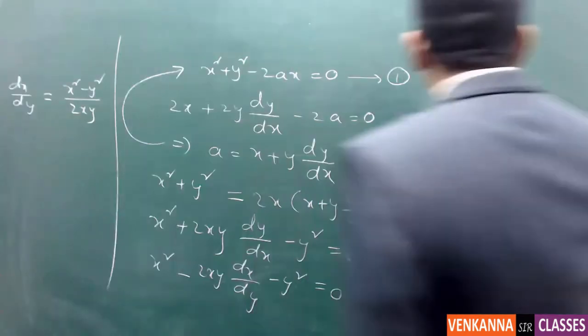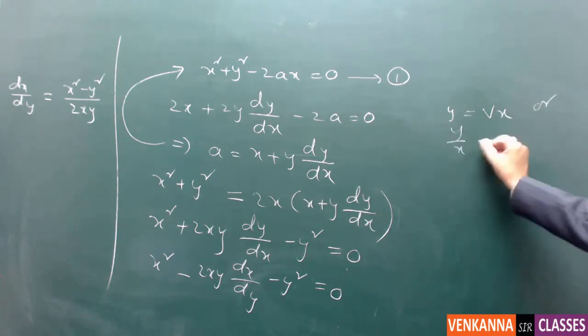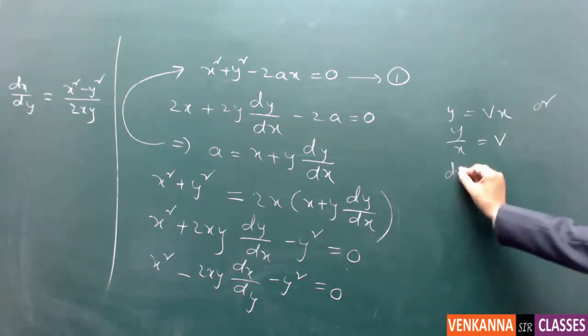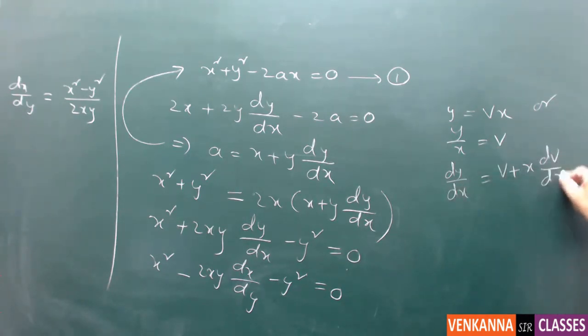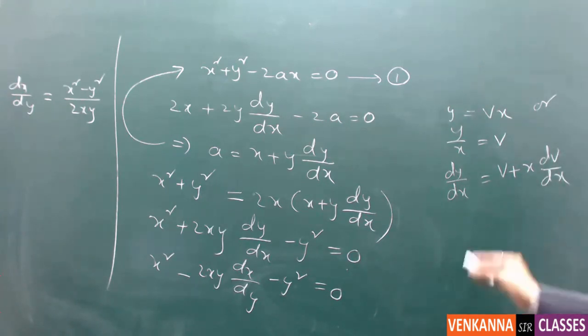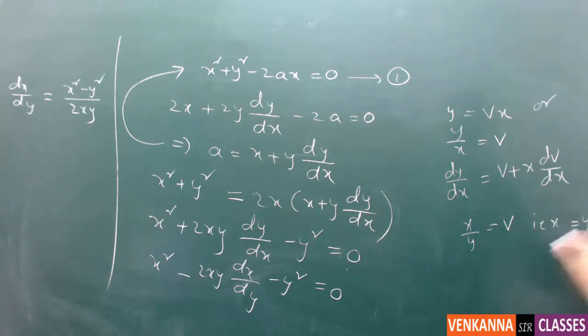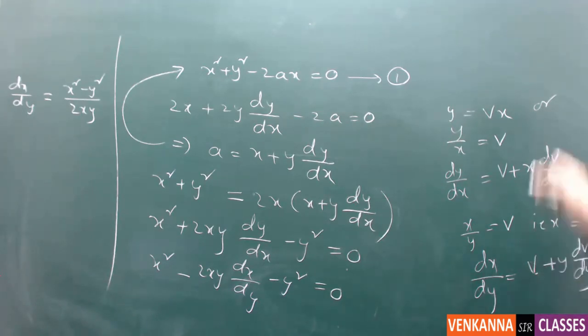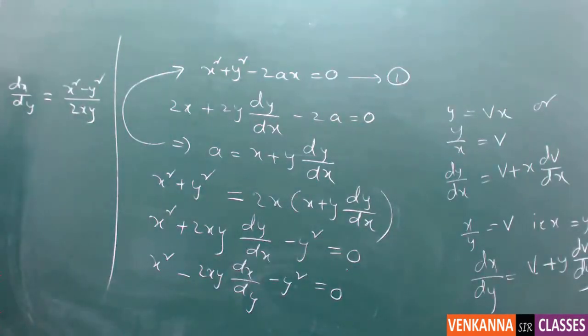We put y is equal to vx, or y by x is equal to v. On differentiating, we have dy by dx is equal to v plus x into dv by dx. Or in the other model, you can put x by y is equal to v, that is x is equal to yv, so that dx by dy is equal to v plus y into dv by dy. Can you recollect this procedure of solving a homogeneous differential equation?